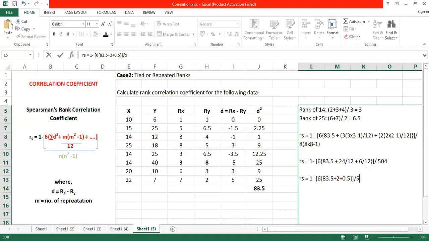Sorry, 504. Next, 1 minus 6 into the summation of these: 83.5 plus 2 plus 0.5 is 86, right? And this is divided by 504.